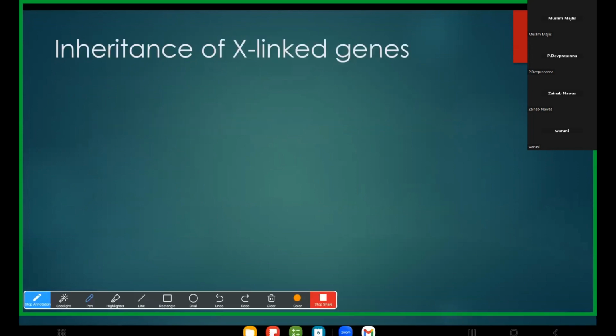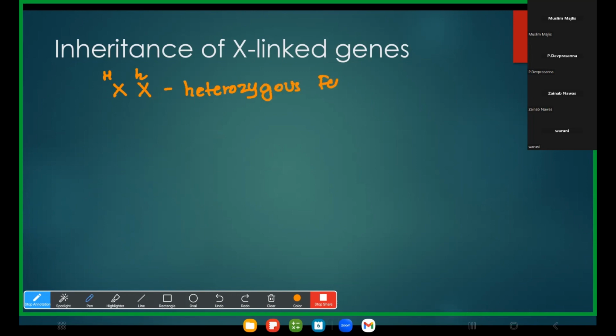So if we consider X capital H to be a healthy gene and a small h to be a disease-carrying gene, then this would be a heterozygous female. Similarly, a capital H gene with a Y gene would result in a healthy male.